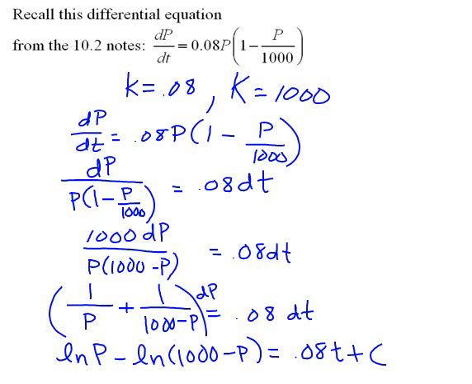Integrating both sides, I get the natural log of p minus the natural log of 1,000 minus p is equal to 0.08t plus c, and so on. If we follow the same steps as in the previous example, we'll end up with p equals 1,000 over 1 plus A e to the negative 0.08t. This concludes the lesson on section 10.5, the logistic equation.